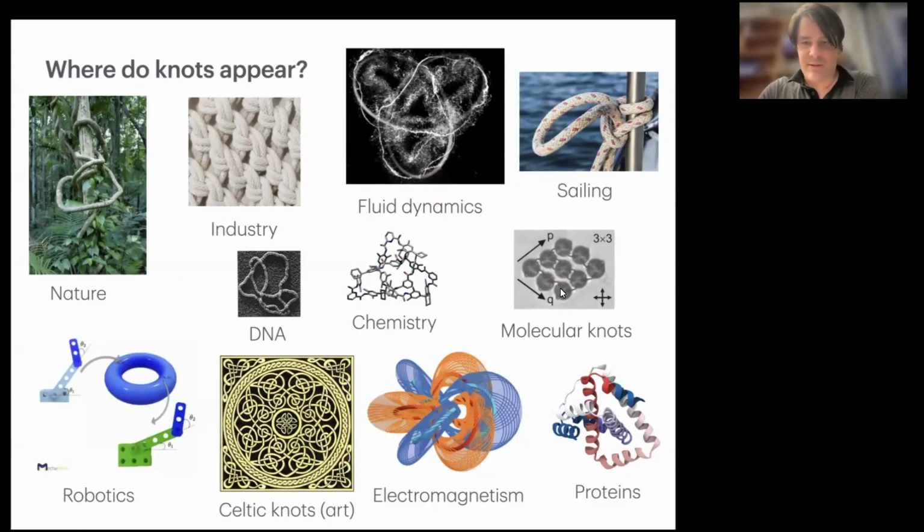They used special techniques and got all knots up to, I think, 9 or so crossings. In robotics, configuration spaces sometimes appear as knots. You have knots in arts, electromagnetism, and today we'll mostly talk about knots in proteins.